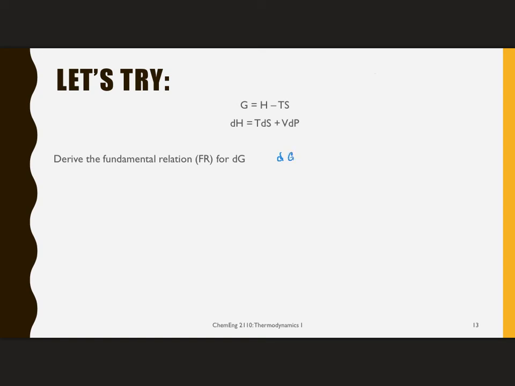Begin with a differential of the top line using the product rule. Substitute this in for dH.